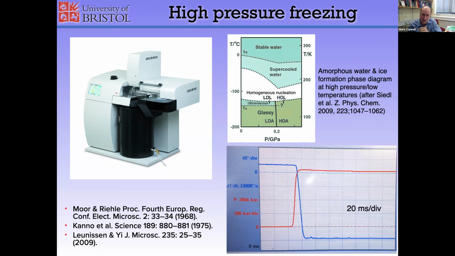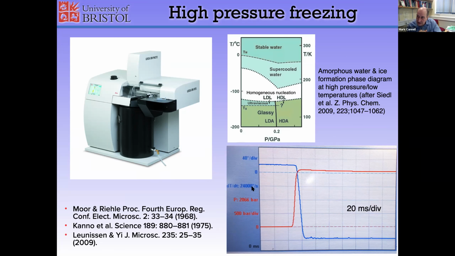A record from the machine here on the left that does it, a Leica EM-PACT2 machine, is shown here. And then you can see the pressure rising extremely rapidly on the specimen, up to over 2,000 bars, which is the equivalent to 0.2 gigapascals. And at the same time, just after the pressure has nearly reached 2,000 bar, it's rapidly cooled by liquid nitrogen down to minus 195 at a rate of 24,000 degrees per second.